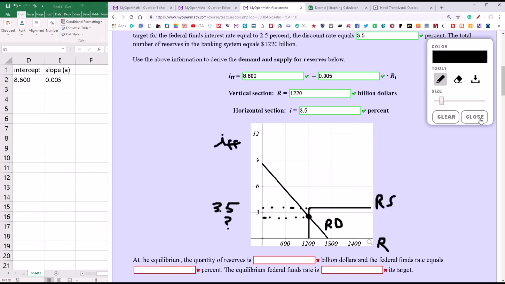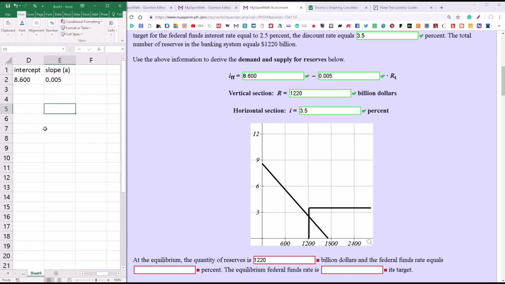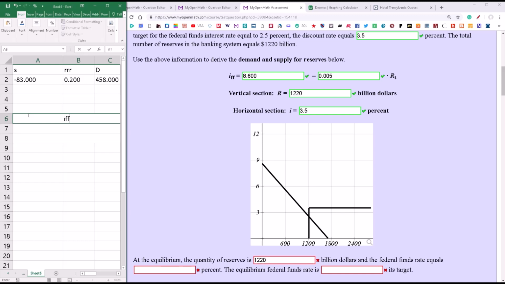So let's go ahead and close this out and clear. The quantity reserves in equilibrium is whatever the quantity is down here, right? Because it's on the vertical, demand crosses the vertical section of the supply curve. So that's 1,220. Like I said, the federal funds rate equals 8.6 minus 0.005 times the quantity of reserves, which is 1,220.